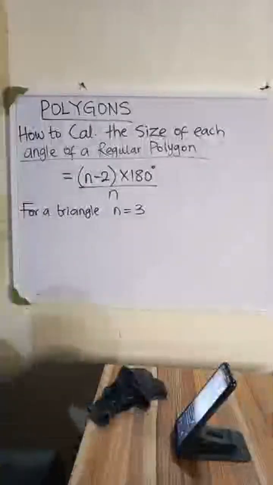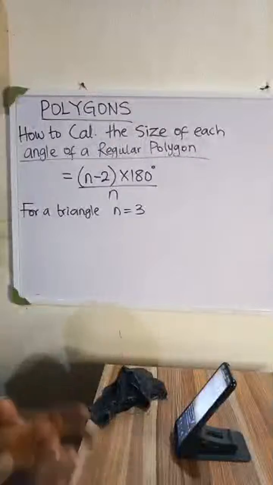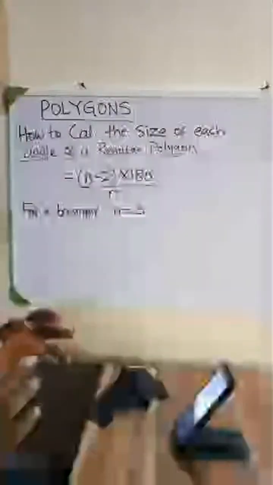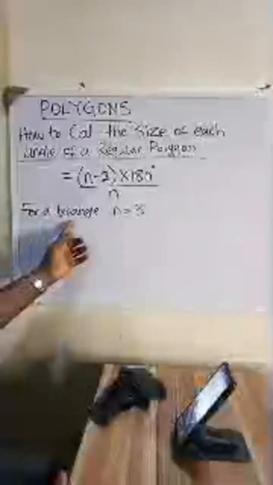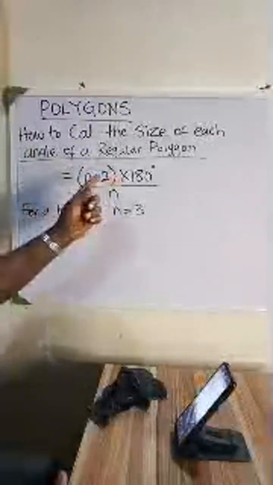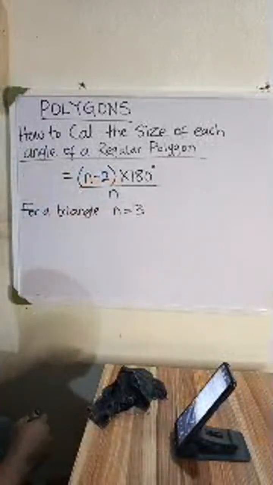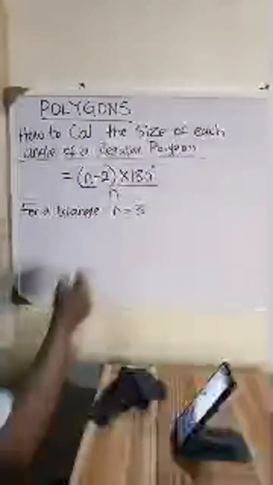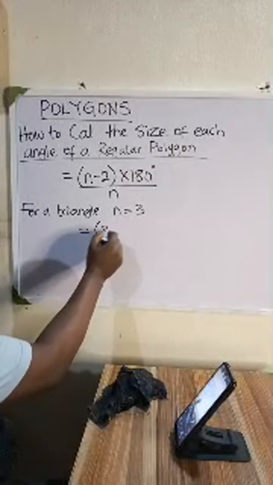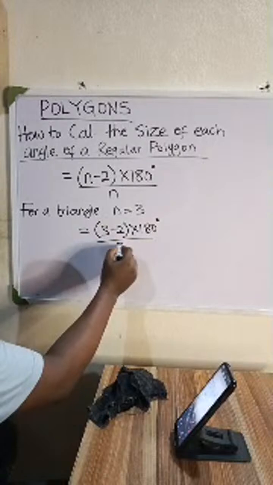Equilateral triangle, correct. The reason is an equilateral triangle has all its sides equal and all its angles equal. Since it has all its sides and angles equal, you can also call it a regular polygon. So we know that n is equal to 3. We can simply say (3 minus 2) times 180 degrees all over 3.